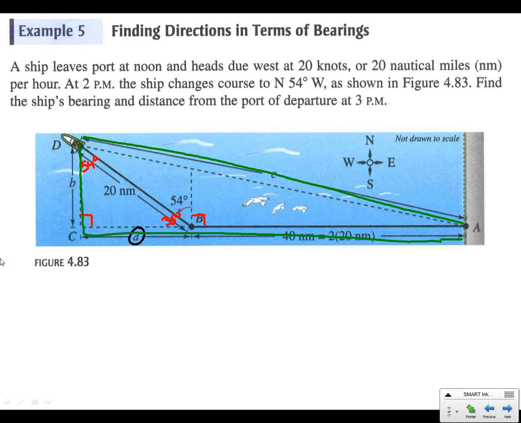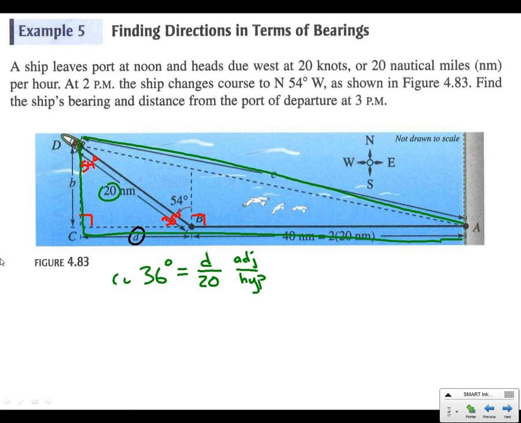If we did that, we could either use the 54 or the 36. Let's use the 36. I want D. I know the 20. That's the hypotenuse. D is adjacent to 36, and the 20 is the hypotenuse. Which trig function is that?